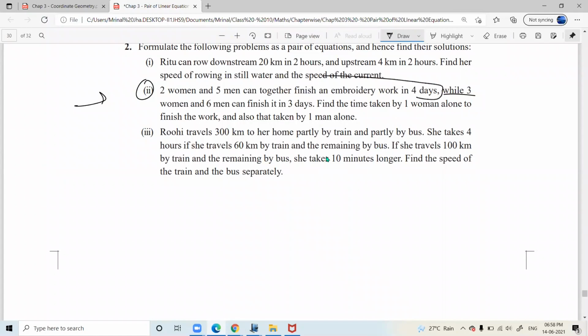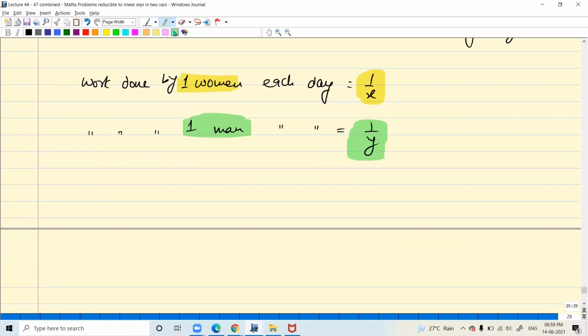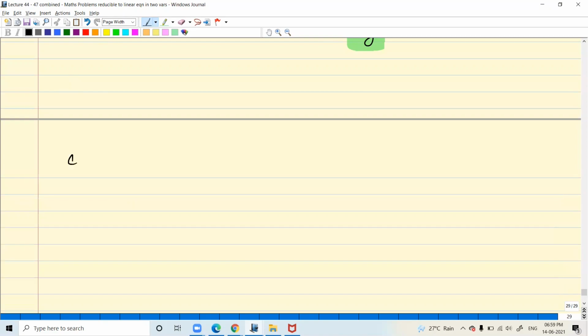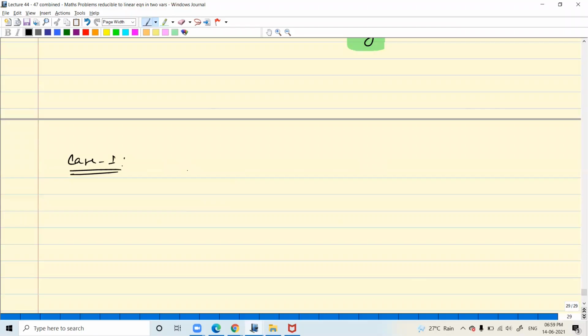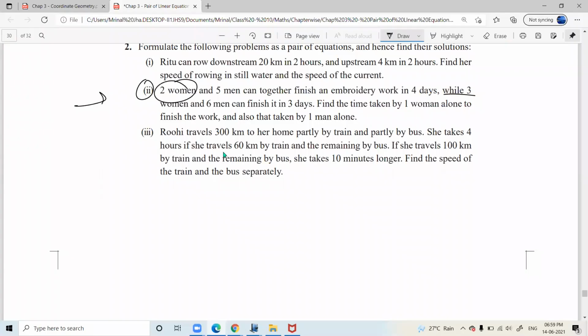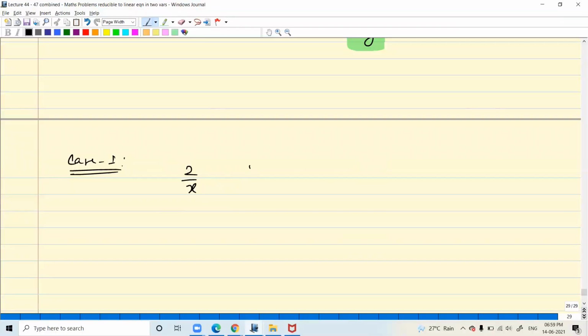Now let's consider the first situation, 2 women and 5 men. So I will write it as case 1. So 2 women, how much work are they doing every day? 2 by X. And 5 men, how much work are they doing every day? 5 by Y. So this is the work done by 2 women, and this is the work done by 5 men every day.